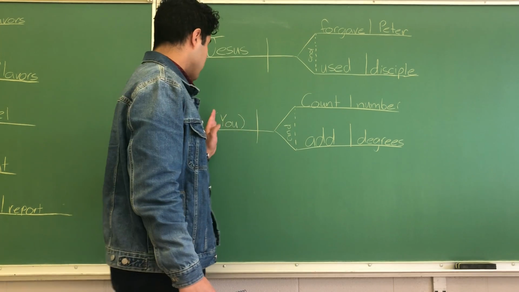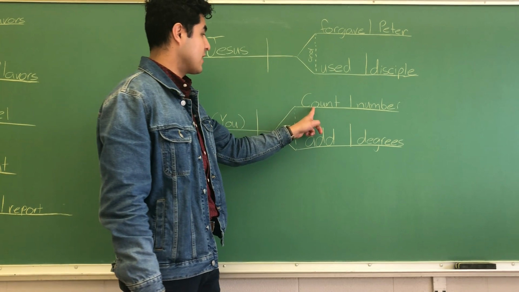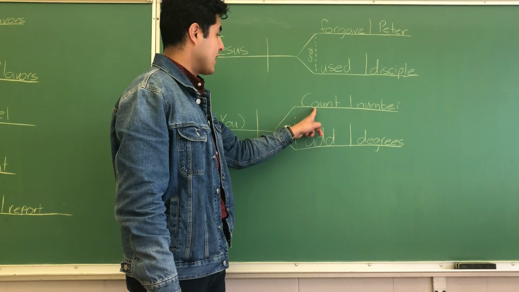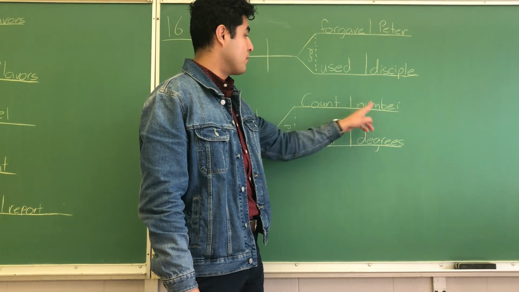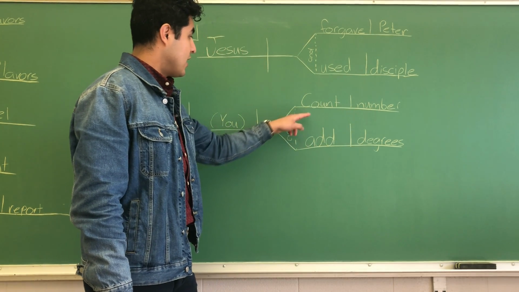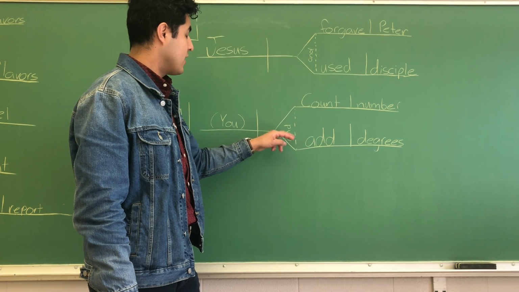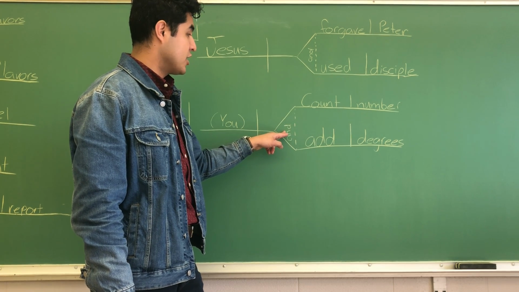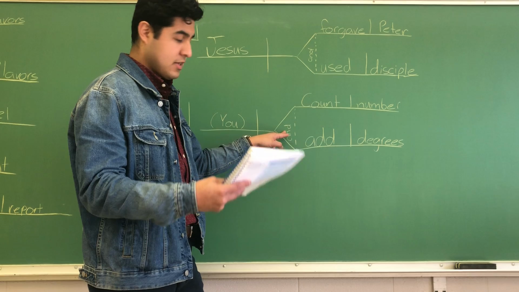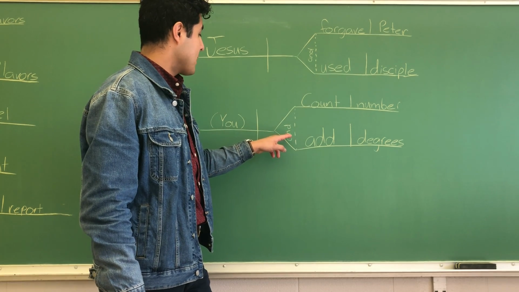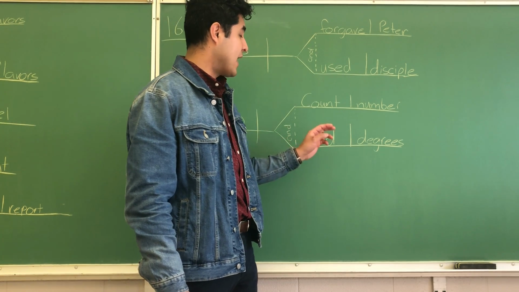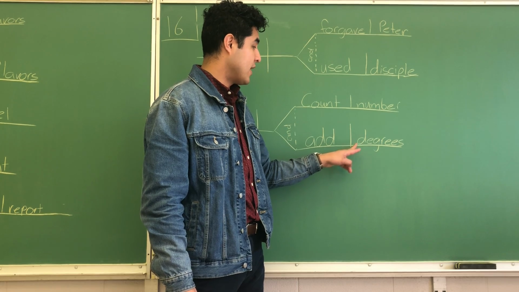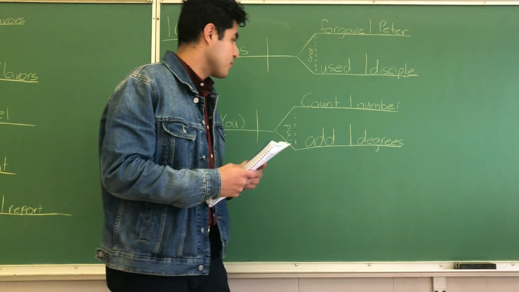Okay, so in this case we have you and our first verb count. Count is an action verb and number is the direct object. Count and add are joined by the conjunction and, I believe. Yes, that is correct. Okay, and then add is an action verb, so we've got our vertical line to show our direct object.